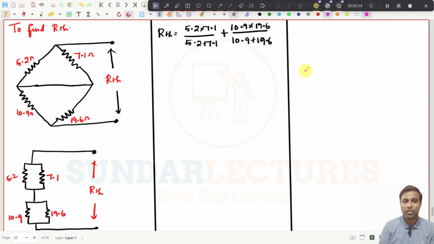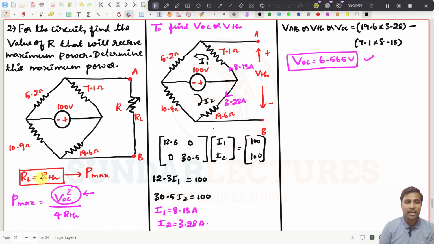If you simplify this, RTH should be equal to 10 ohms. You just simplify this by yourself. Obviously, you will get the value of RTH, which is 10 ohms.